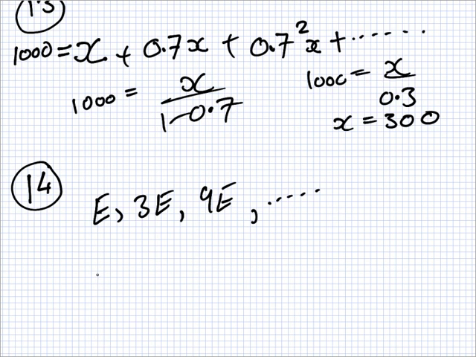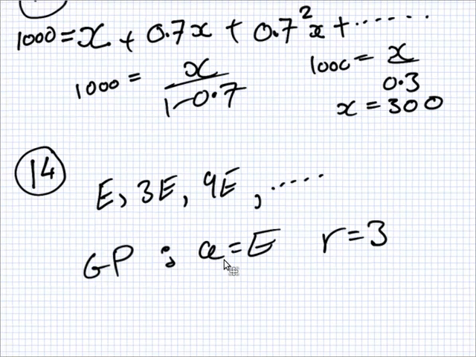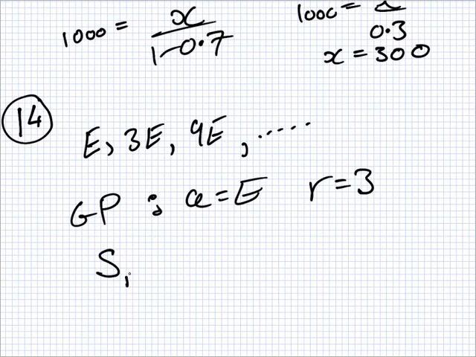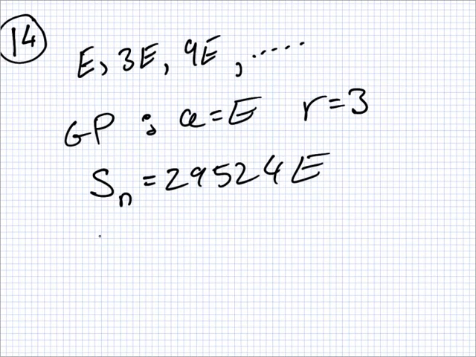So this is GP, where the A is E and the R is 3. And I want to figure out how long until I get the number stated. So I want to figure out when will I get 29524E. Alright, so it's GP.